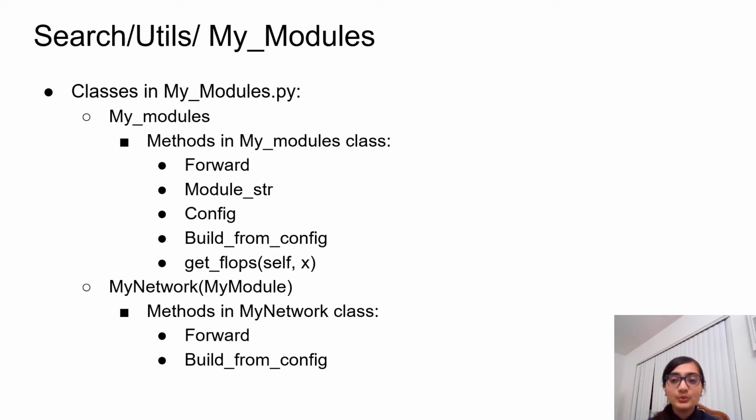My modules is basically going to give you the module for your network. And to build a network, you have to pass my modules to the my network class, as a parameter or argument.